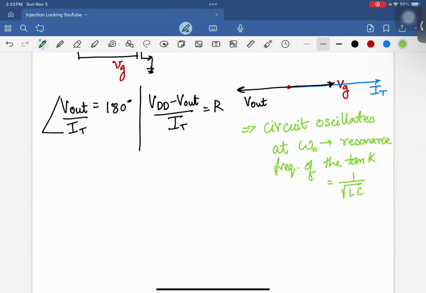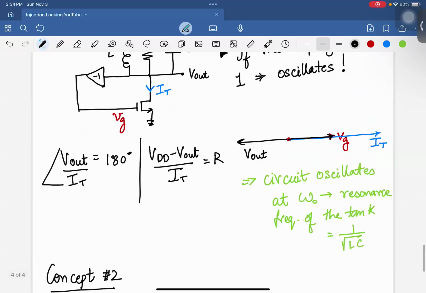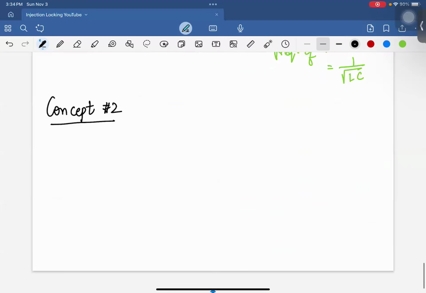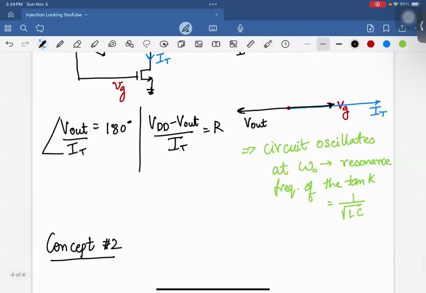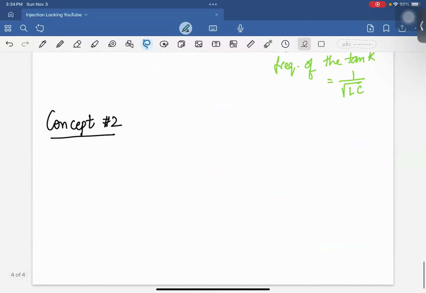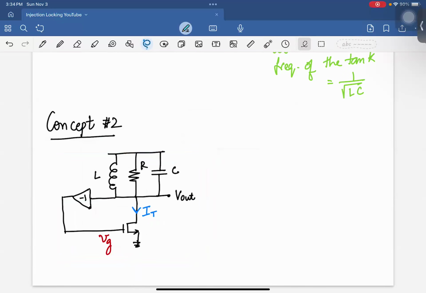Okay. So let's introduce a second concept. So let's again redraw that circuit. So I'll actually just copy it. Okay.